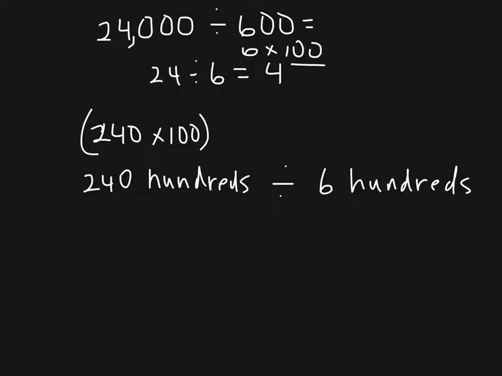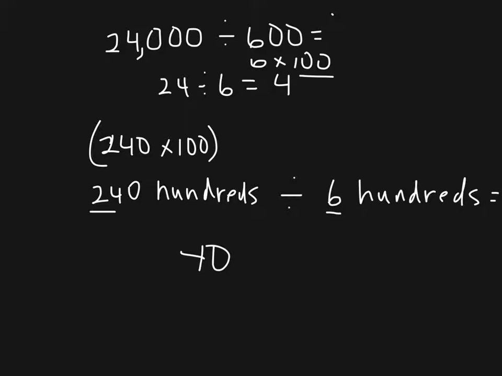And I know that 24 divided by 6 would be 4, but I have 240 here. 240 divided by 6 is going to be 10 times 4. So that's going to equal 40.